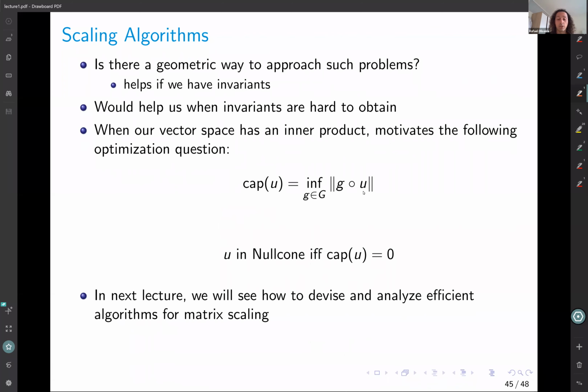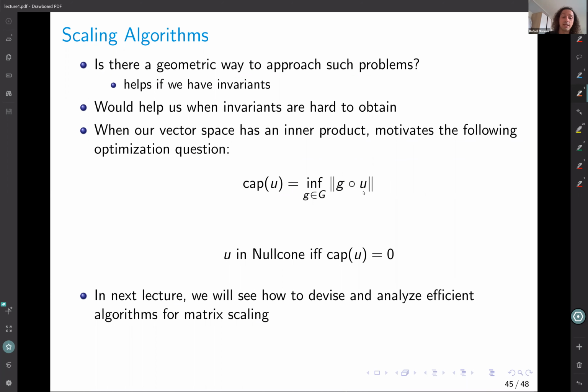In the next lecture, we're going to see how to devise and analyze efficient algorithms for matrix scaling.